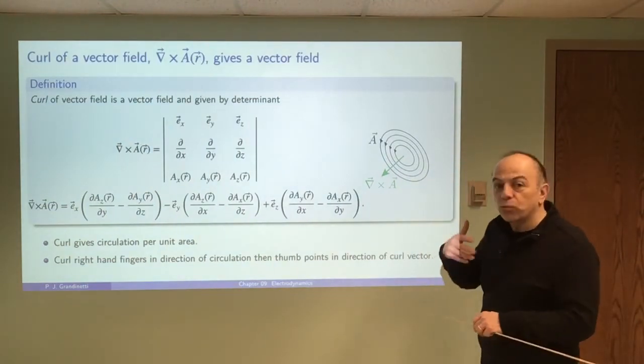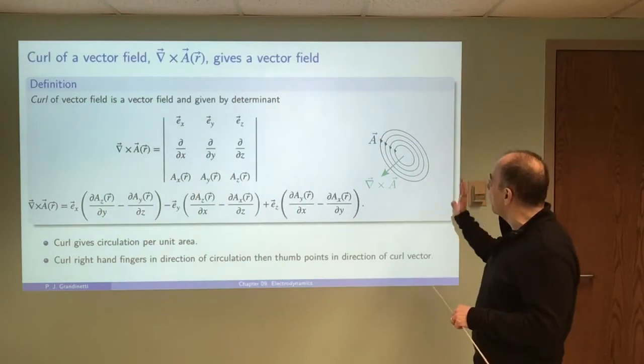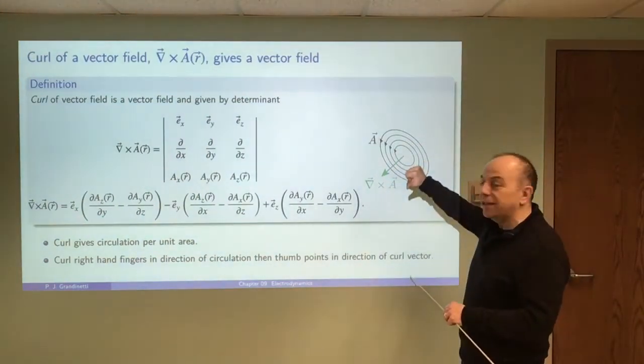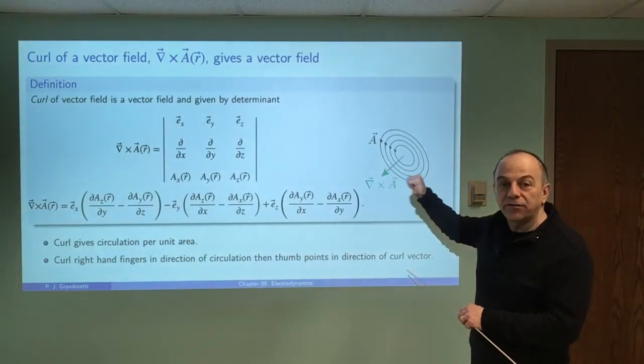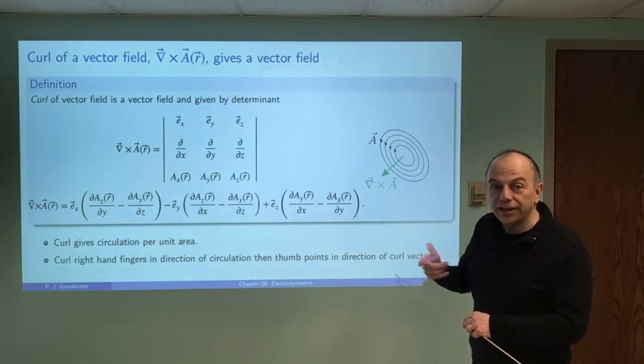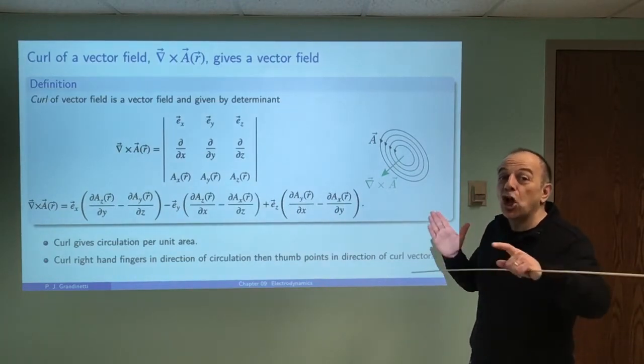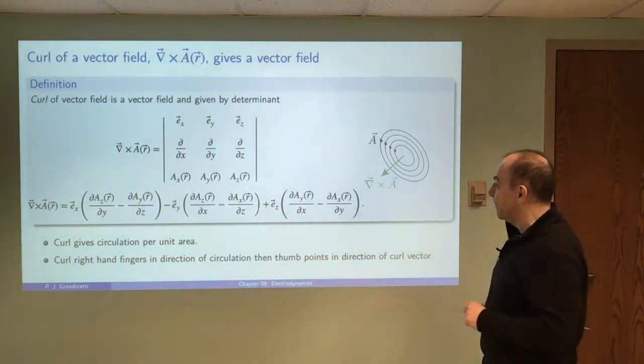And you can use something called the right-hand rule with this, where if you curl your fingers along the direction of the circulation, then your thumb will point in the direction of the curl. And the more it's circulating, think about that tornado, for example, the longer that vector is. All right?